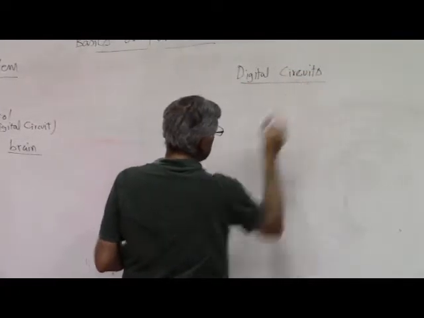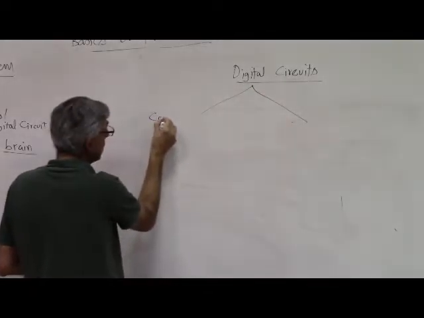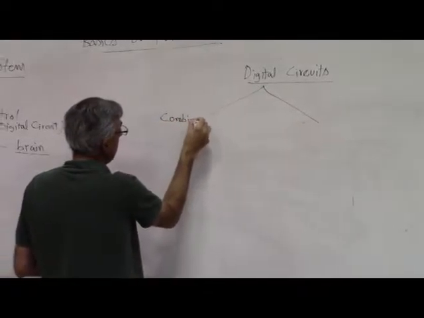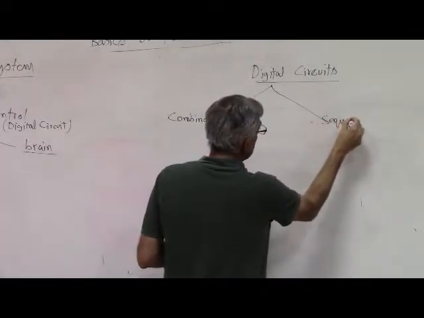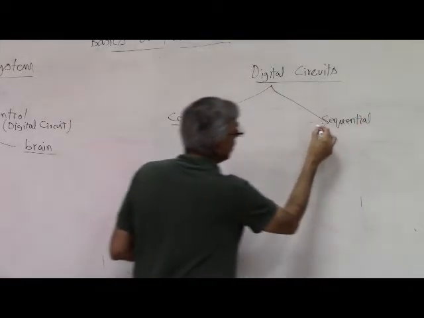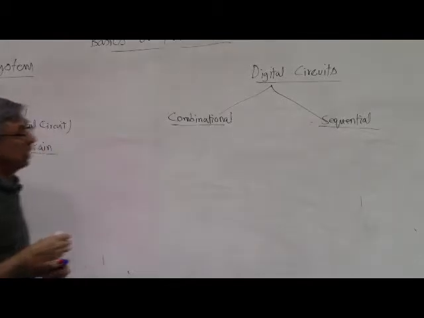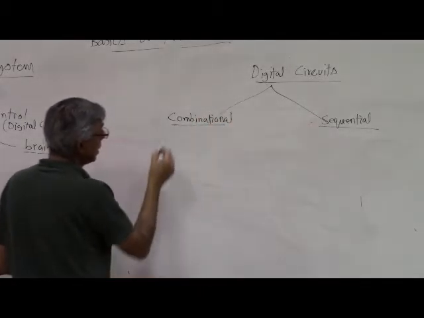Once we create a digital circuit, you will see it has two main categories, combinational and sequential. What's the difference between a combinational digital circuit and a sequential digital circuit?